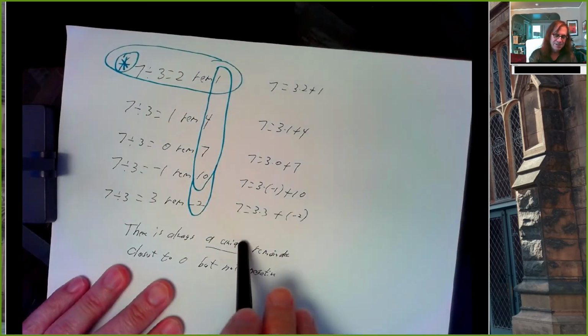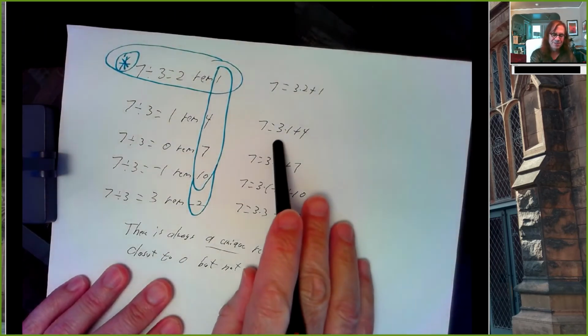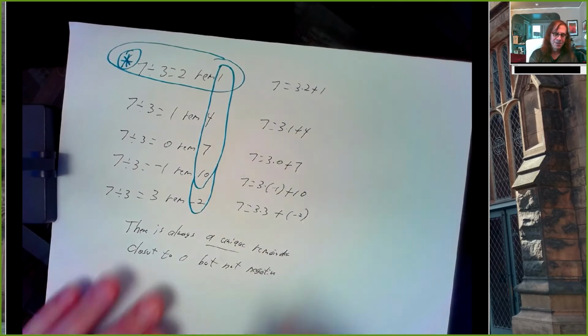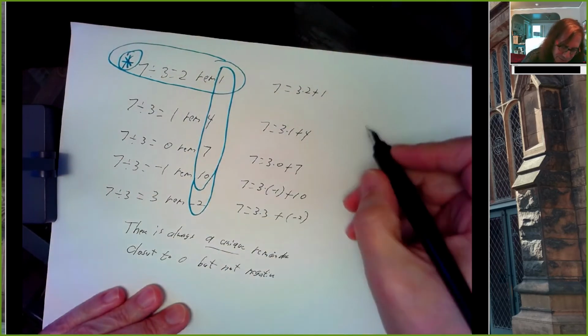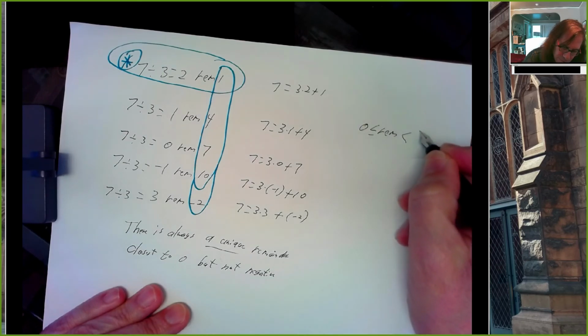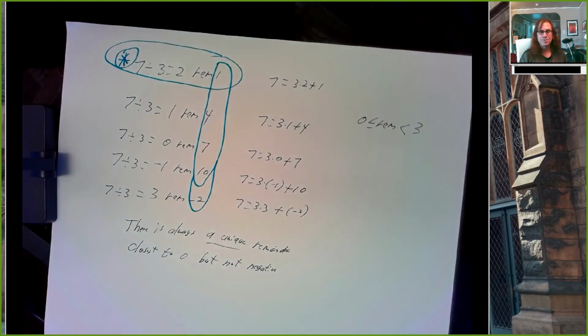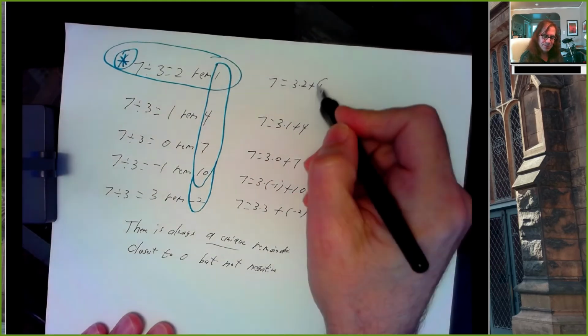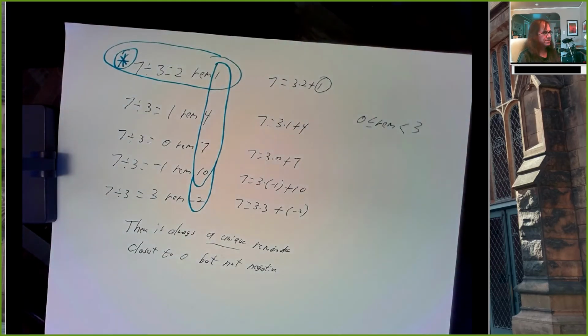And so all of these write 7 as some multiple of the divisor 3 plus some remainder. But here we're looking for a remainder between 0 and 2. And there's only one of those. That's this case right here.